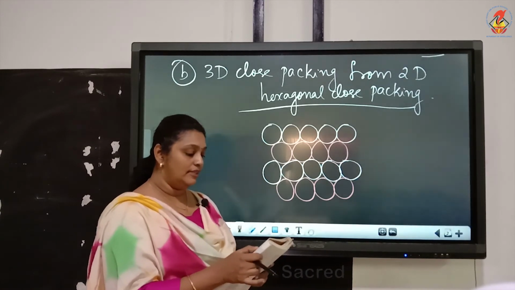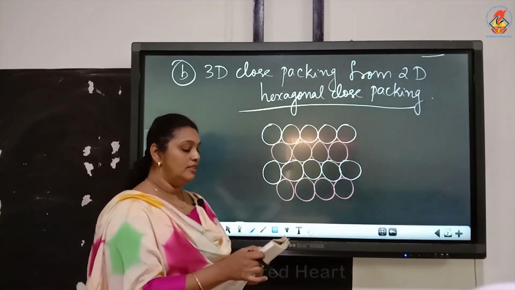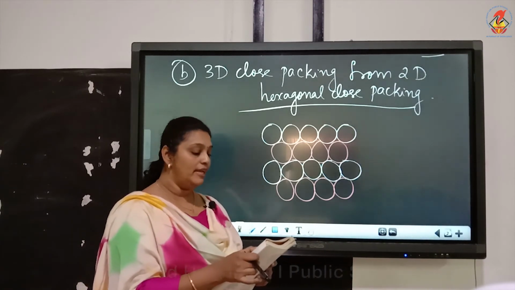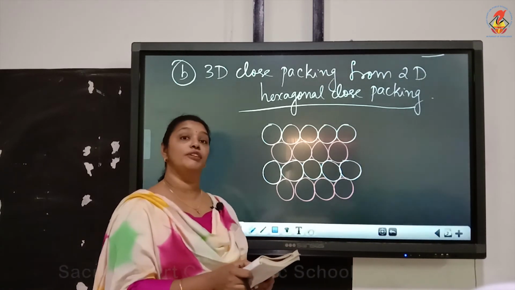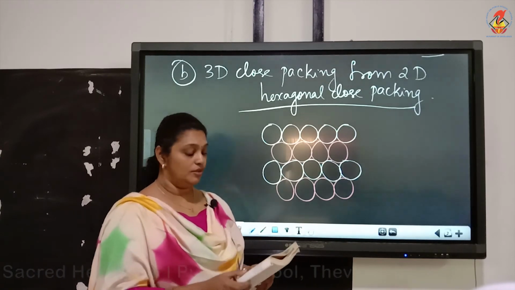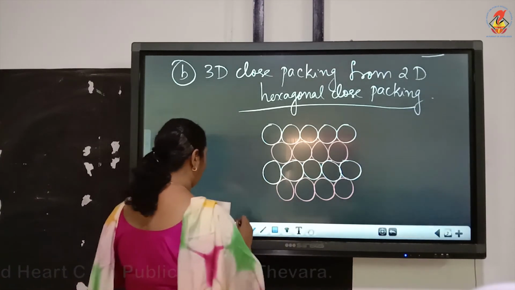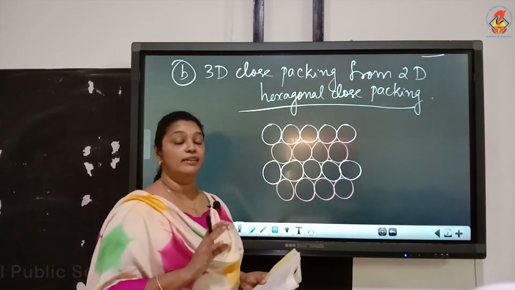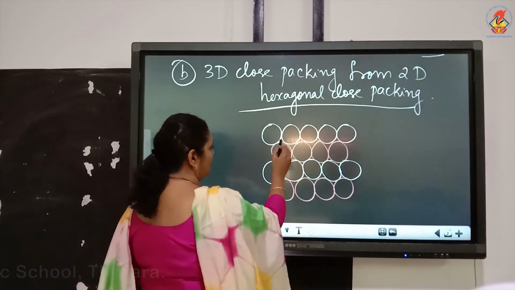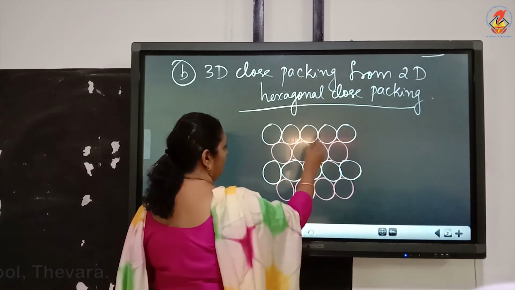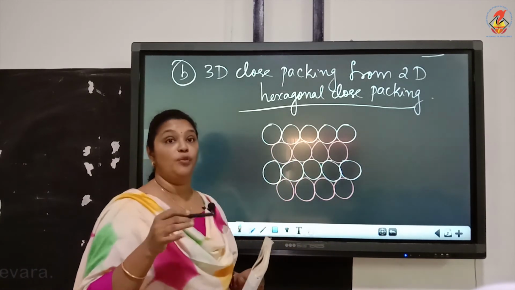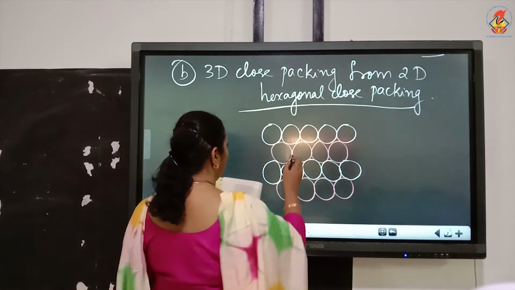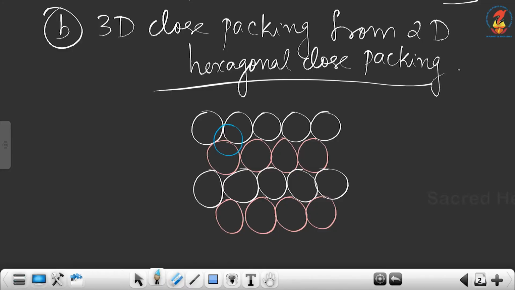I place it in such a way that the spheres of the second layer are placed in the depressions of the first layer. These are the depressions, means empty spaces, voids of the first layer. So how can I place it? I'll place it here, like this.